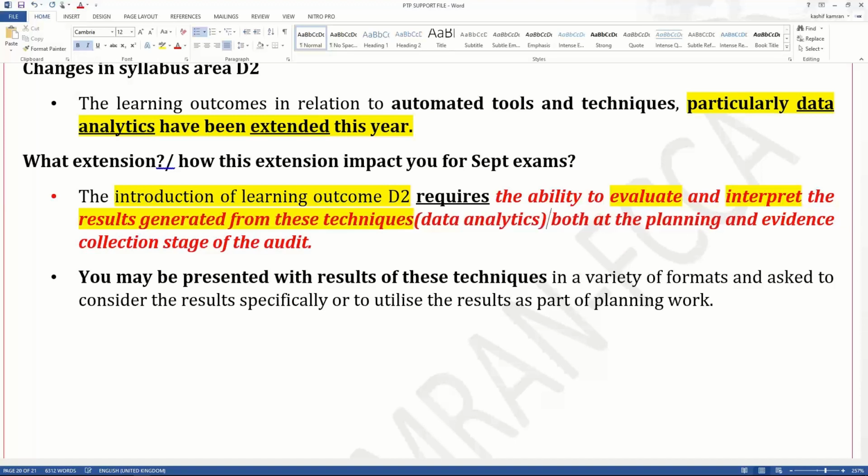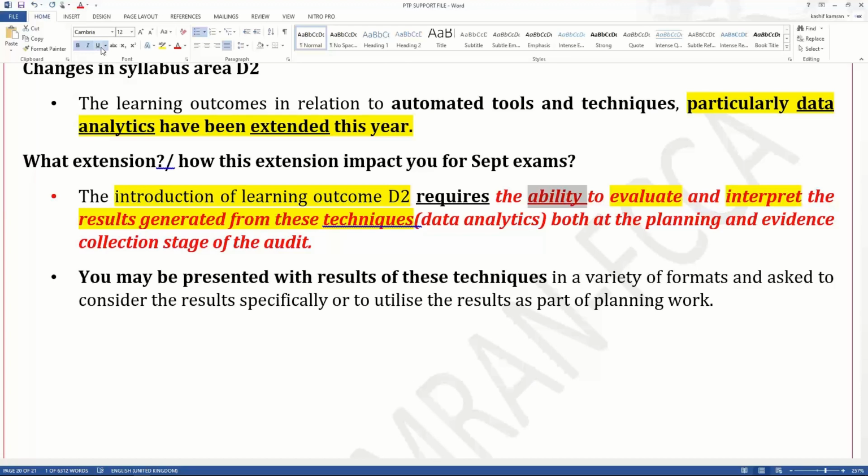So that is very sure now. I will give you the ability in the next hour, or less than an hour, we have: the ability to evaluate and interpret the results generated from these techniques. So is it possible that the examiner may give you the results of data analytics in your paper and you need to evaluate or interpret them?